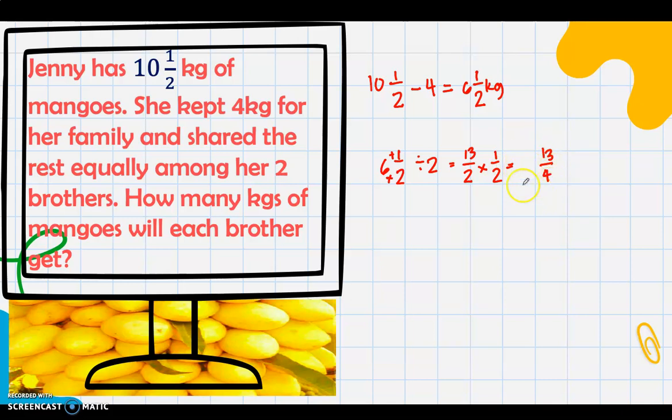The answer is an improper fraction, so you divide 13 by 4, that is 3, with a remainder. The whole number is 3, that's the quotient, and the remainder is 1, copy the denominator. Therefore, each brother will get 3 1/4 kilograms. That's the answer.